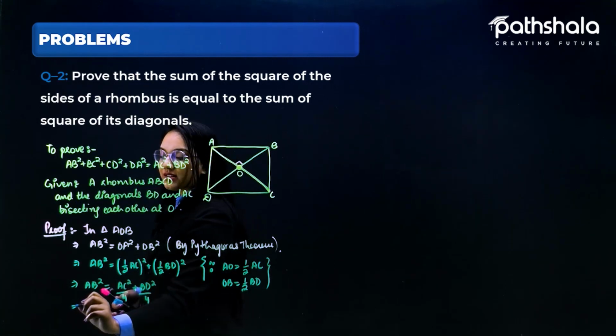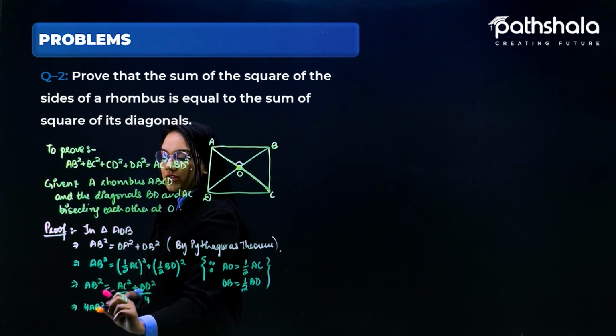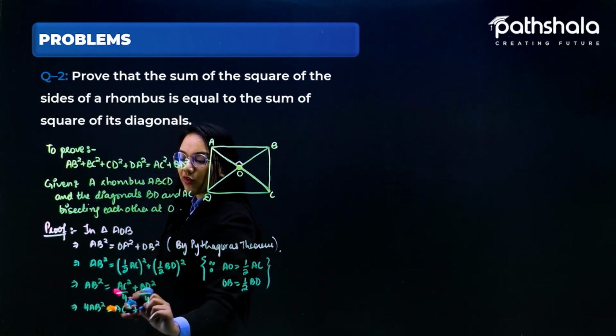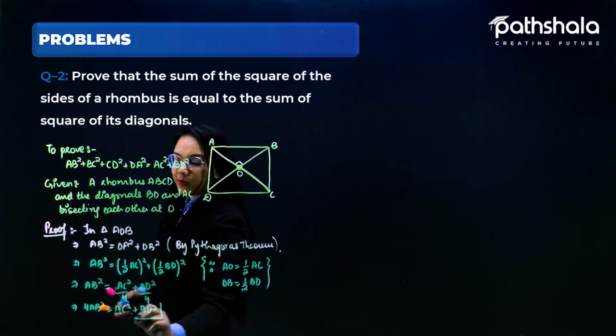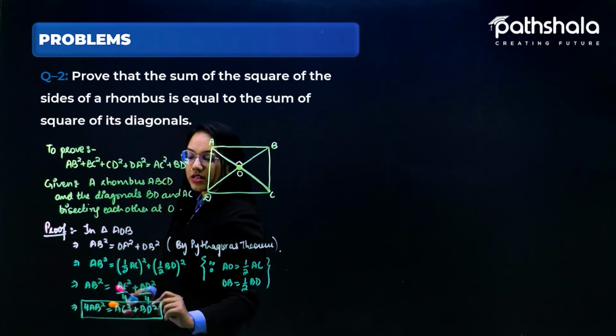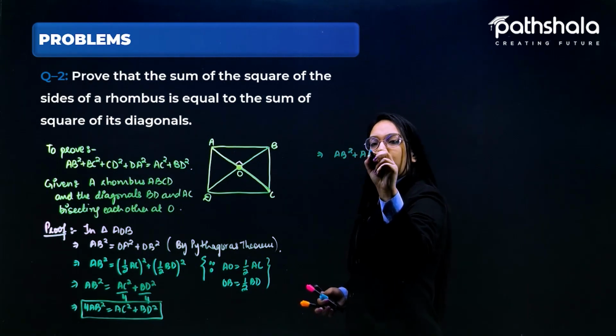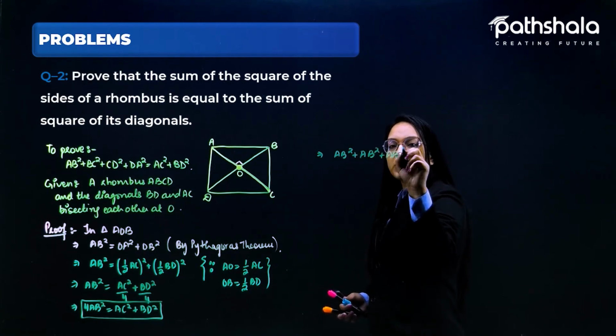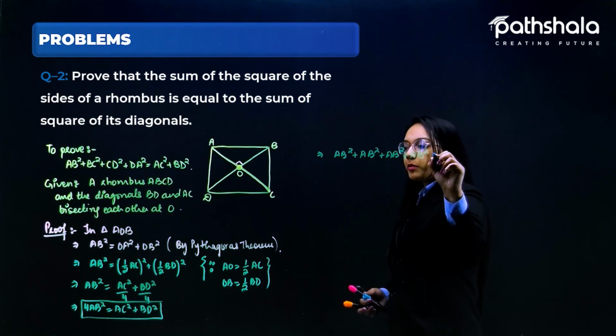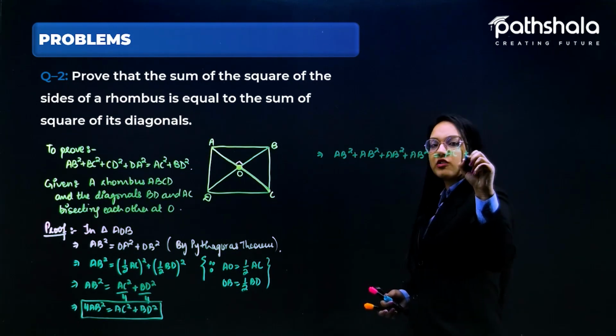Now if I take the LCM over here, we can say 4AB square is equal to AC square plus BD square. We can write 4AB square as AB square plus AB square plus AB square plus AB square, exactly 4 times, which is equal to AC square plus BD square.